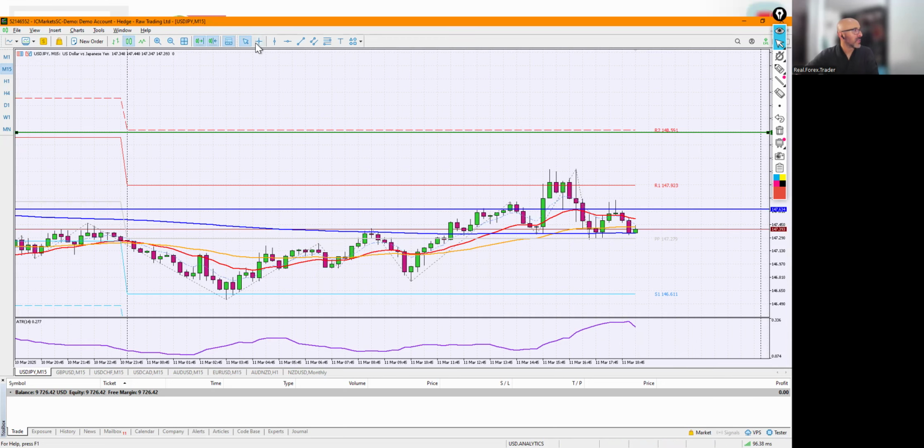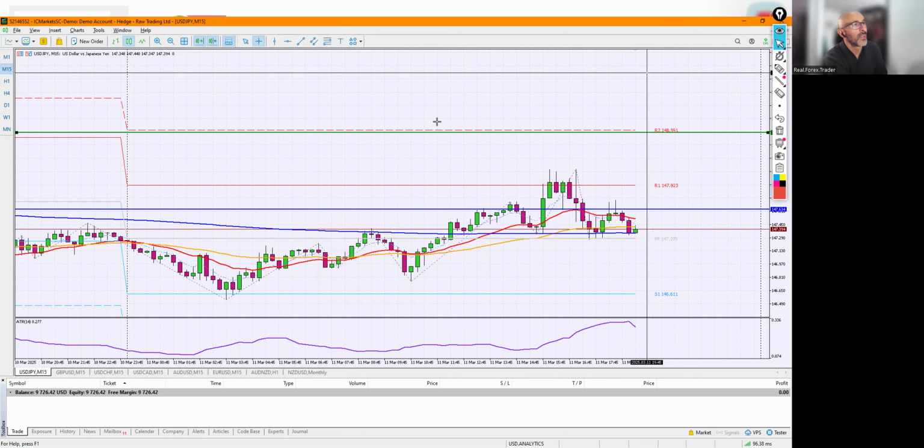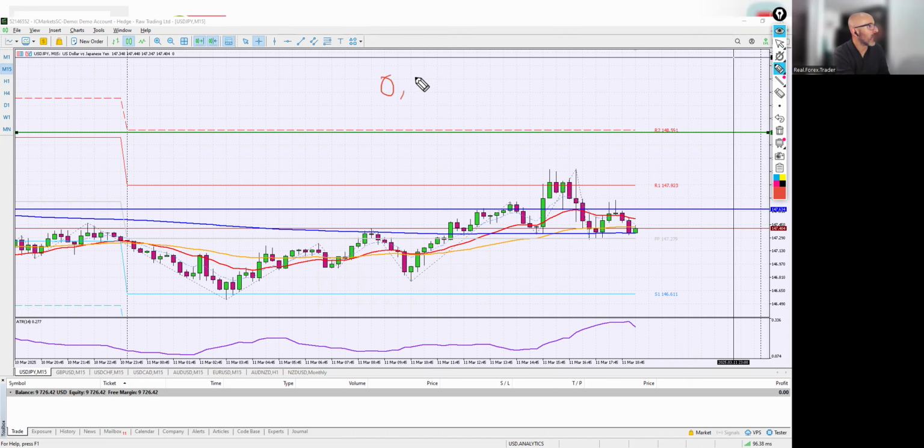So what happens? Using the crosshair, you can observe that there is a number 0.274. Okay, that is the ATR in this very moment.